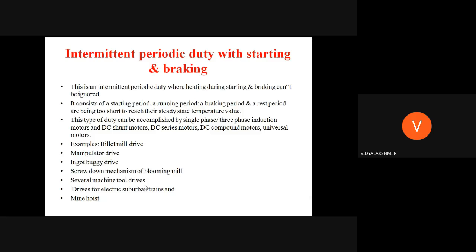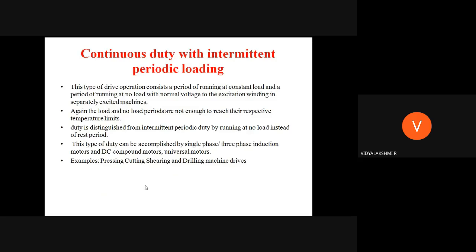For example, for intermediate periodic duties, suburban trains. And then continuous duty with intermittent periodic loading. Here I'm only talking about the loading condition. It is nothing but constant load and no load. So in some applications, we can run the machine at constant load, and in some conditions, we can run at no load.